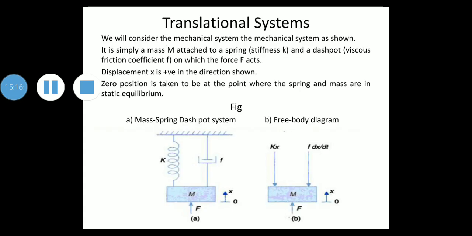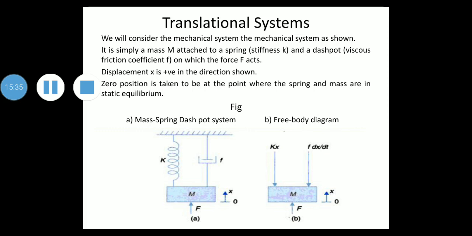So next we'll study about translational system. We are going to consider the mechanical system which has been shown in figure A, a mass spring dashpot system.